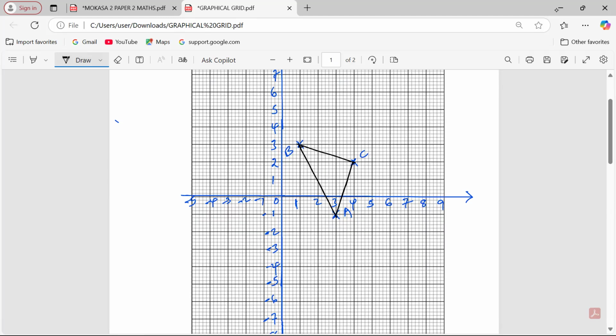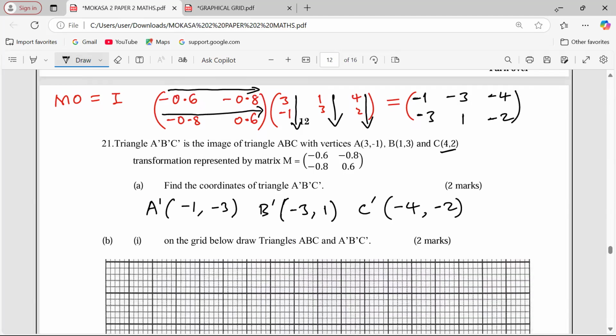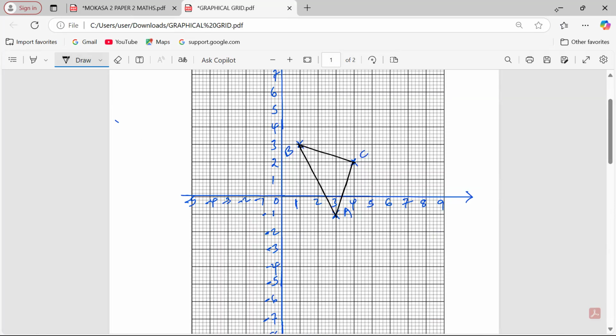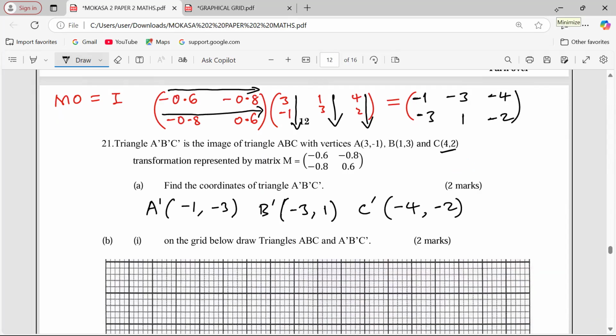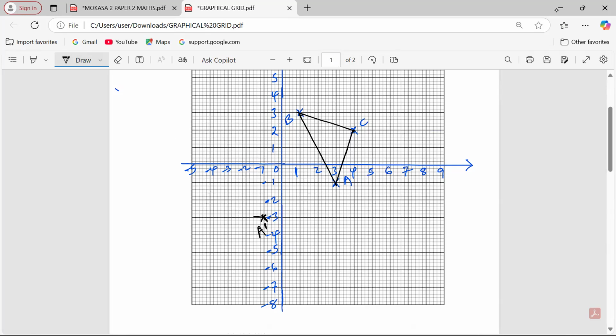Then the image now, we go to the coordinates of the image, -1, -3. The coordinate would be here, -1, -3. That means this is A prime. We go again to -3, 1. So -3, 1 is a coordinate at this point. So this is where B prime is going to be.